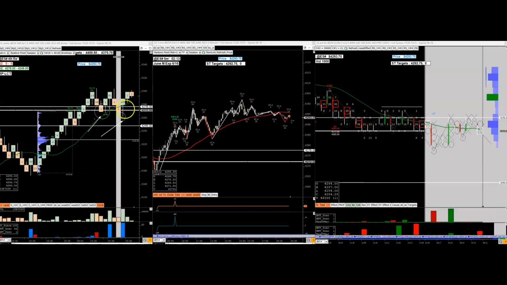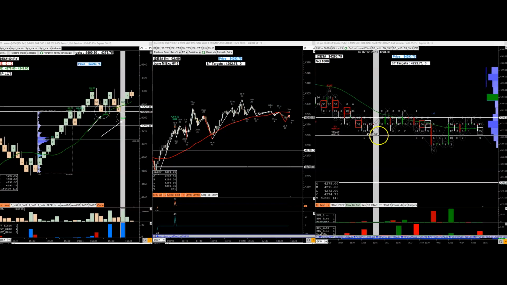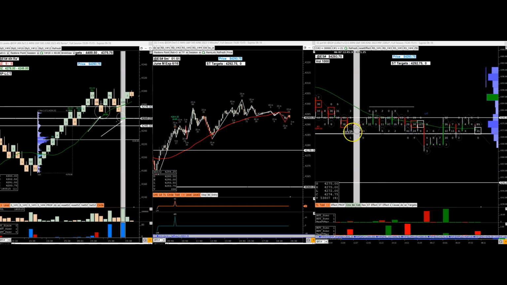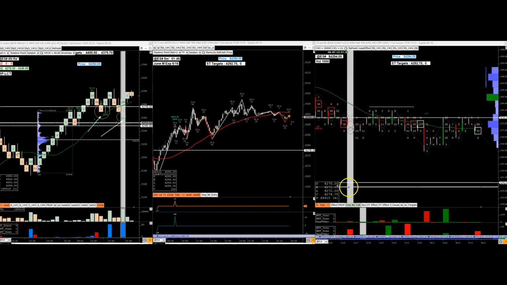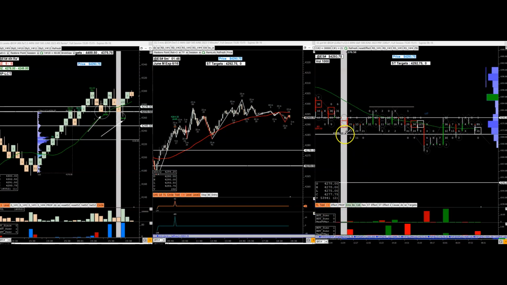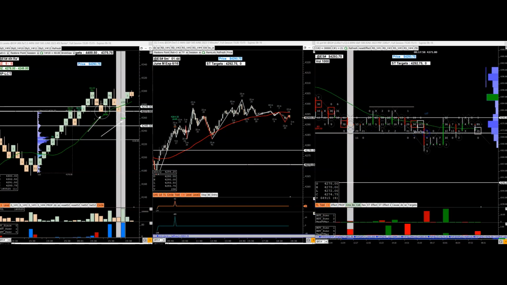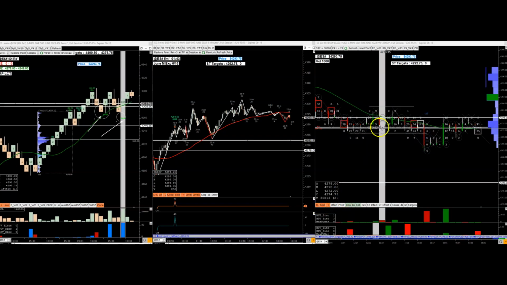So here we're back at the level. Now we know that in ES there's a base building, a lot of base building, and then typically a spring and a reversal. The same thing that I just covered happened again today, where you have the base being built between here and here, the high and the low.